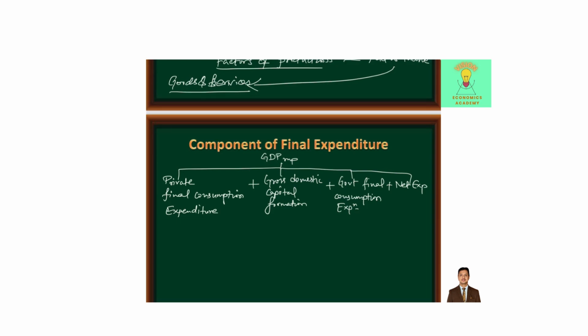Now, gross domestic capital formation can be further divided into two or three categories. That is gross domestic fixed capital formation plus inventory investment or change in stock.